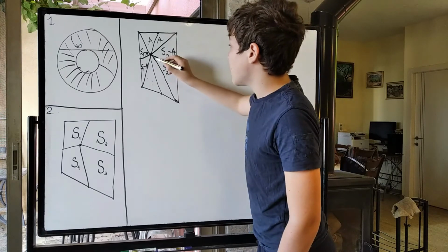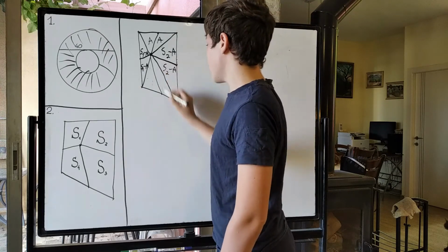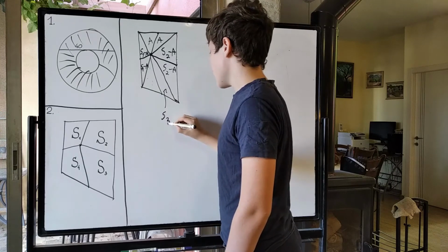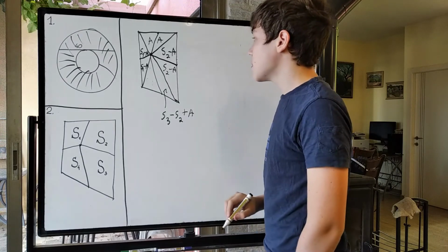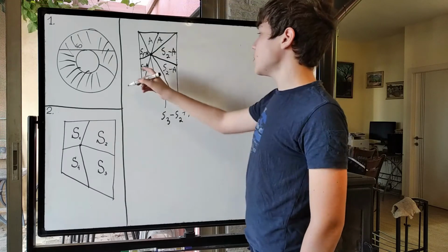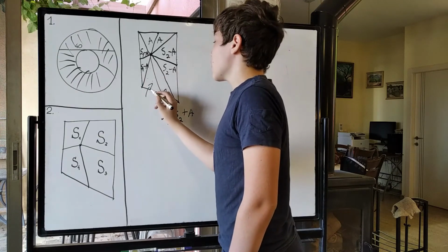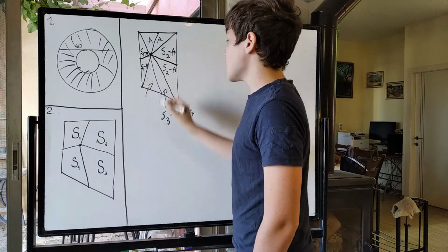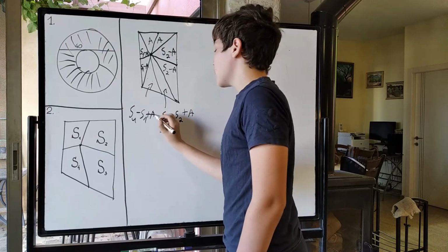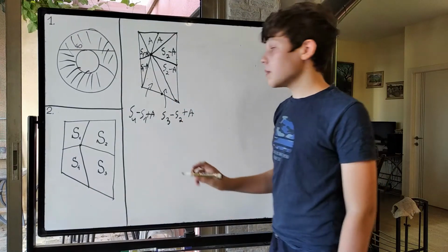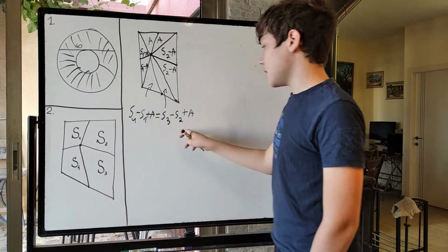And then because this area is S3, this area is S3 minus S2 plus A. And similarly here, because this area is S4, we get that this area is S4 minus S1 plus A. But again, because of the midpoint, we can say that the areas of these two triangles are equal. So we get that these are equal.